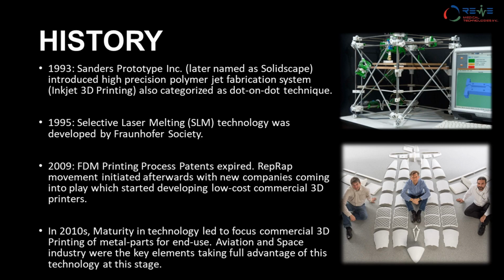In 2009, the FDM printing technology patent expired. So after that, a race sort of began, where all the Chinese and all the American companies tried to get this technology and make it more cost effective and user friendly. At that time, the RepRap movement began.